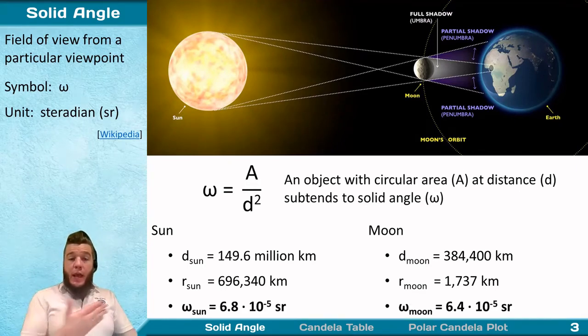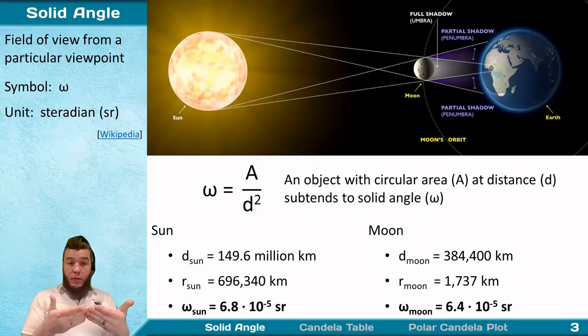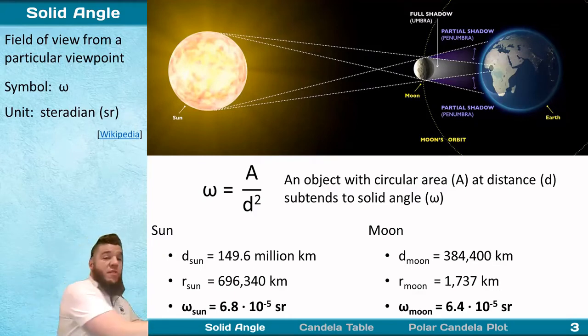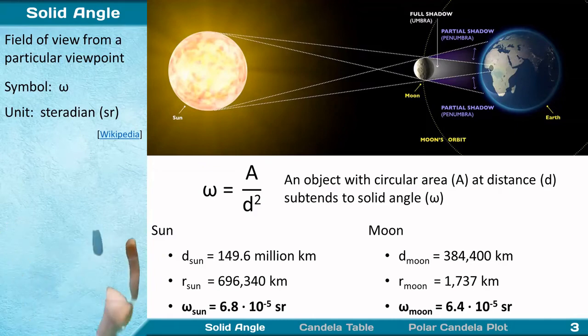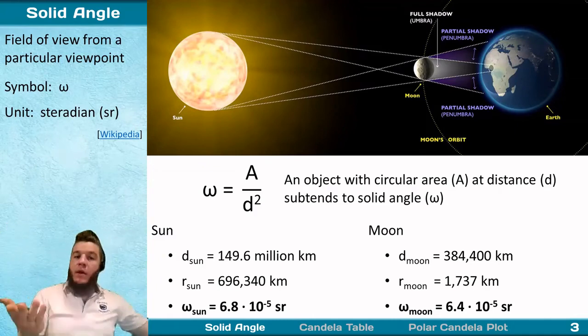So when we take a look at the solid angle that each of the sun and the moon subtend, what we see here is the sun is only about 5% larger than the moon in terms of the visual angle, right? And this is why viewpoint matters so much, because the moon doesn't cover the sun until it gets closer to the camera, right?